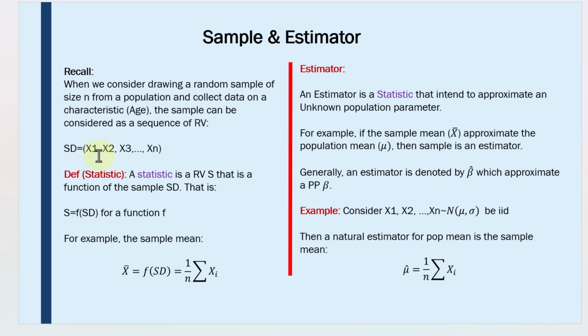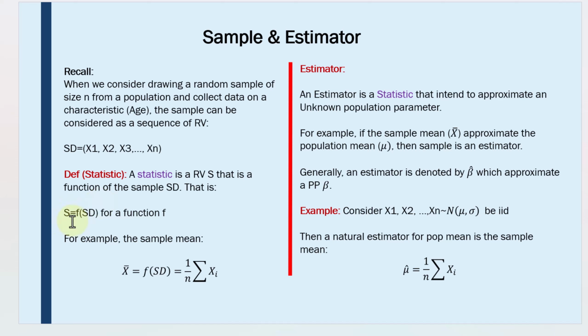If we are collecting data on the age of the population, x1 would be the age of the first person in our sample, x2 would be the age of the second person in our sample, and so on and so forth. Having the sample data, we can define the sample statistic as a function of the sample that we have.